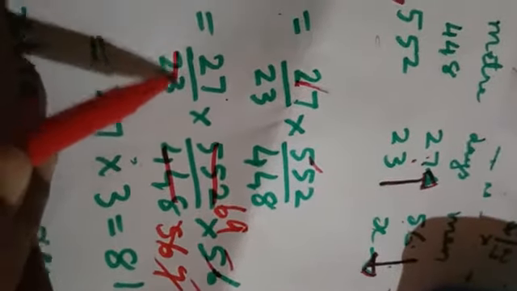Then 7 gets cancelled. 23 into 1 is 23, 23 into 3 is 69. Now 27 into 3 is 81 men. 81 men are needed to complete 552 meter length within 23 days.